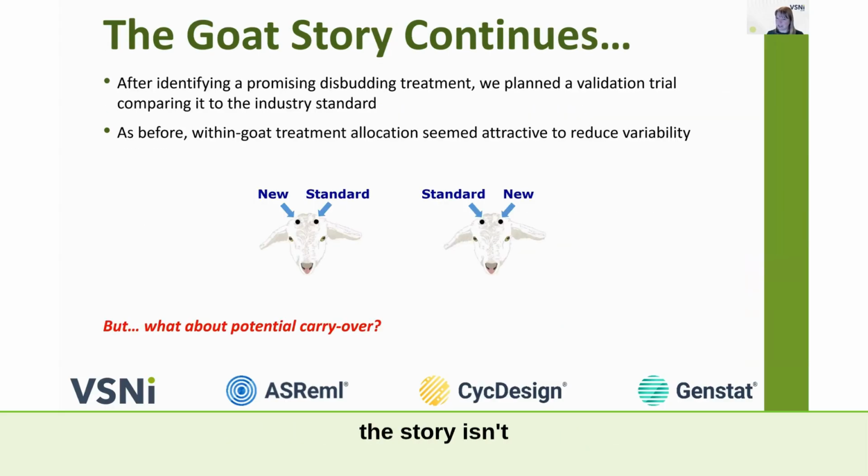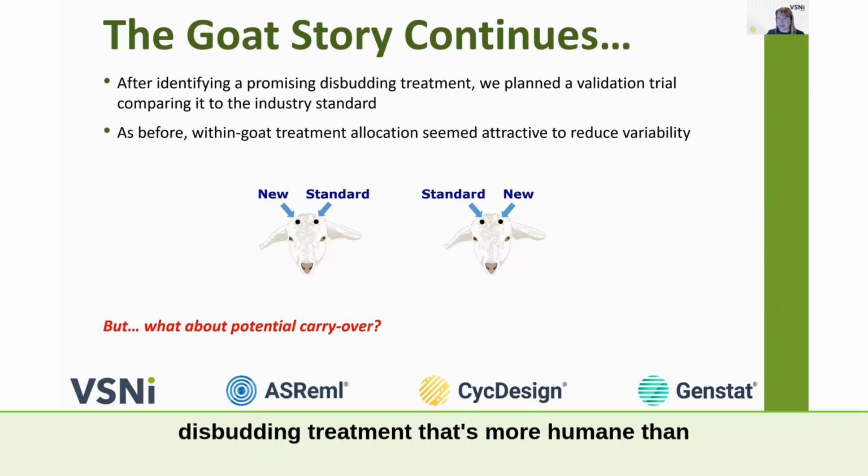But the story isn't quite over yet, because after identifying a promising disbudding treatment that was more humane than current practice, we needed to conduct a validation trial comparing it to the industry standard.